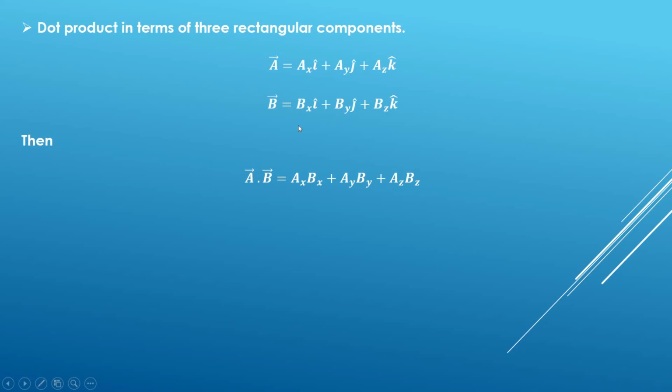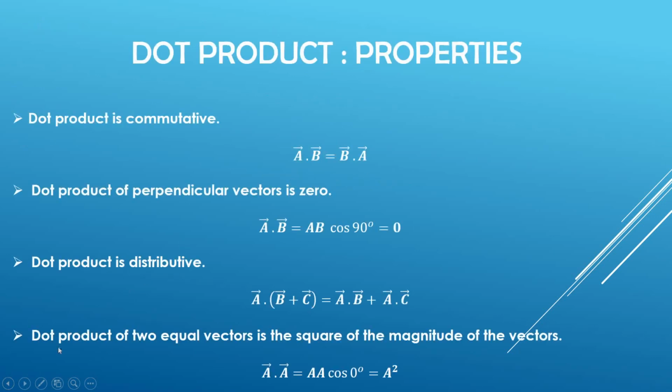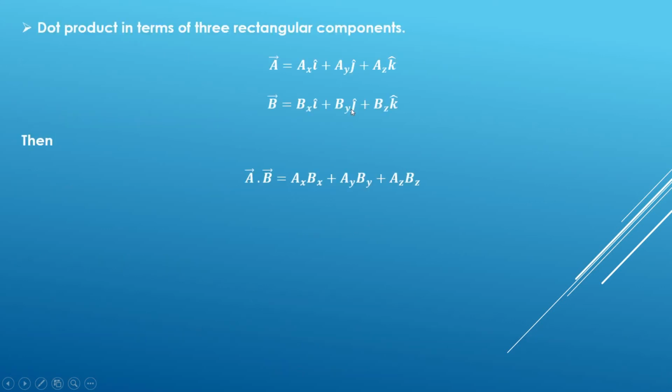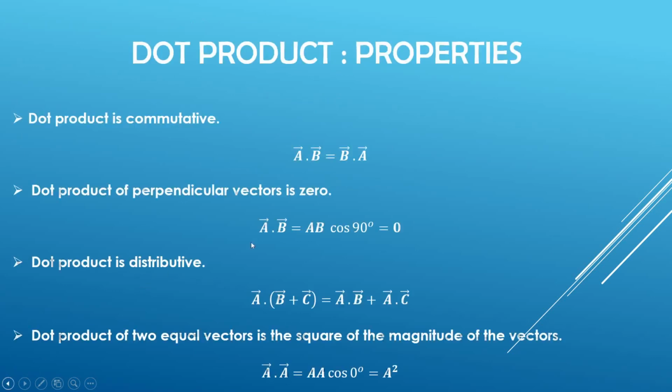We can easily prove this. How can we do that? As I have already said, the dot product of two equal vectors is the square of the magnitude of the vector. If I dot i with i I will get 1, j with j equals 1, k with k equals 1, and if I dot i with j, then by this rule it will be equal to 0.